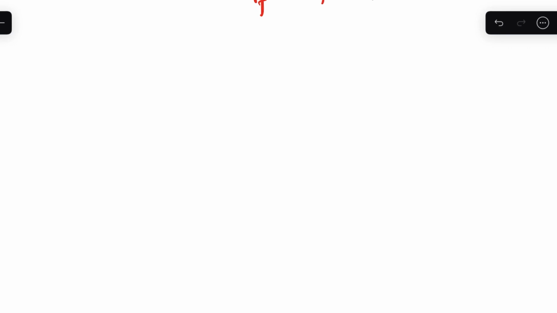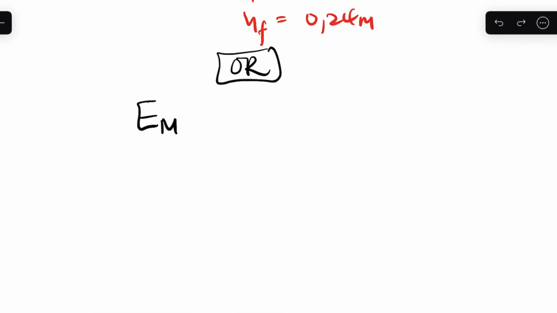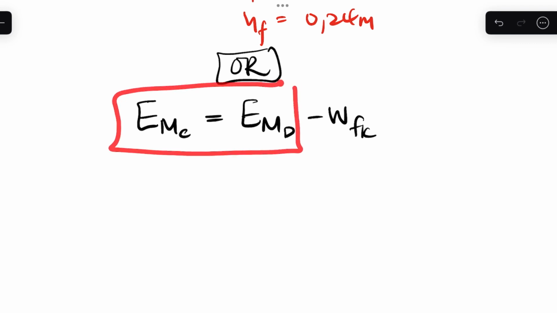So what you can do, which is similar to what I've done but in another way, is use the conservation of mechanical energy at what points? It's C and D. The mechanical energy at C is equal to the mechanical energy at D minus the work done by friction. Because if it was a closed system, guys, it was only going to be this. But now there's friction, so you minus the friction.